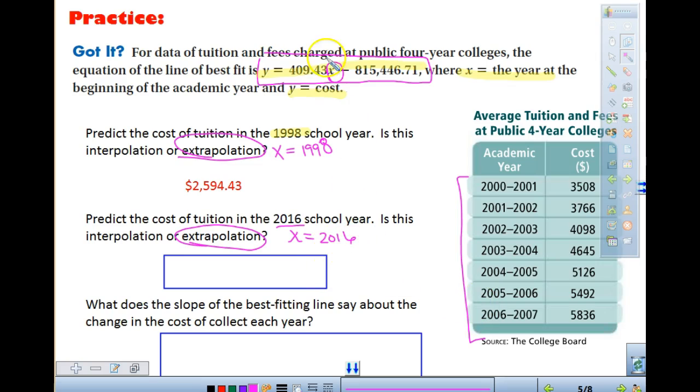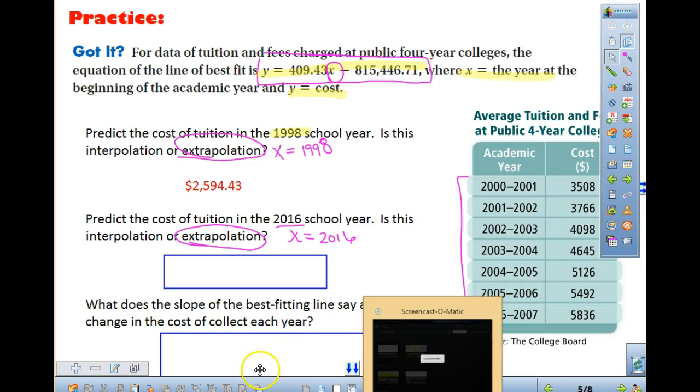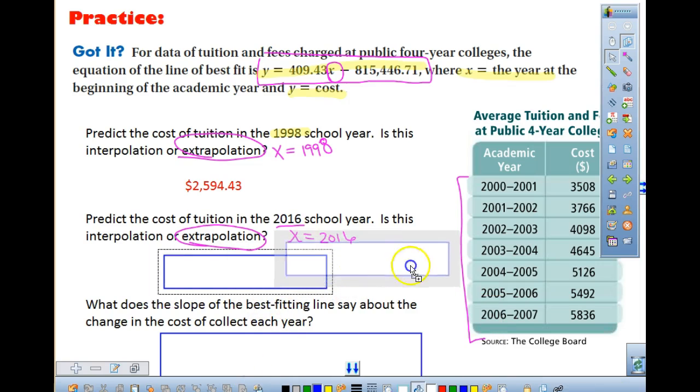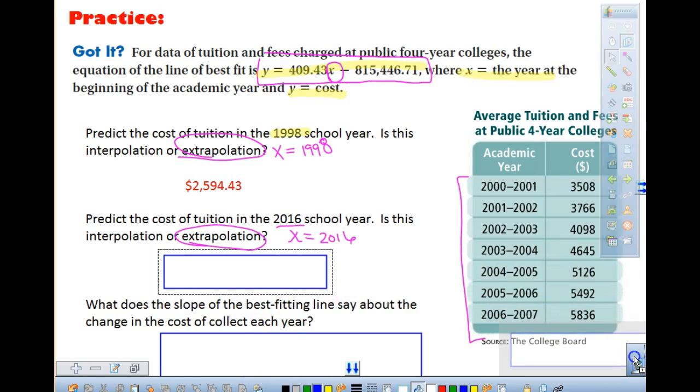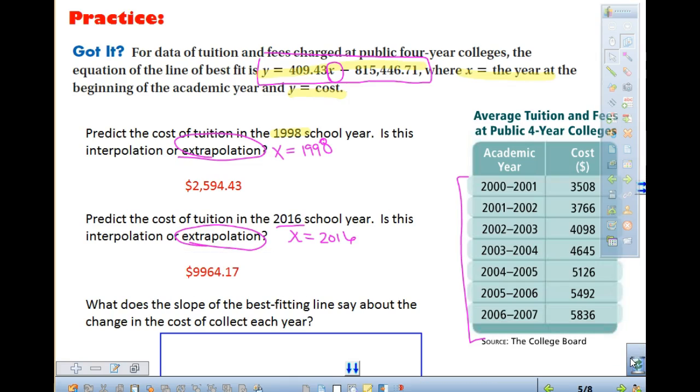So you were replacing, again, 409.43 times 2016. Those of you that have a calculator, we were looking at that amount being closer to 10,000, which I'm not sure if some of you have siblings that went to school last year at a state institution, but about $9,964.17. That's for a tuition.